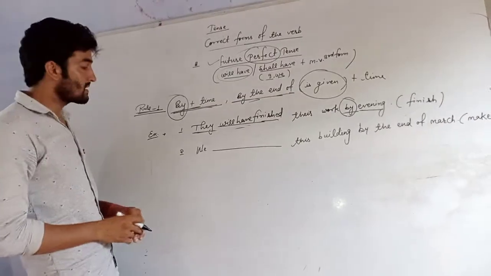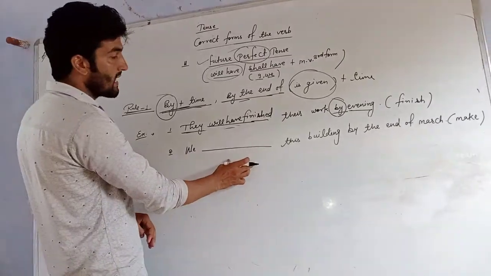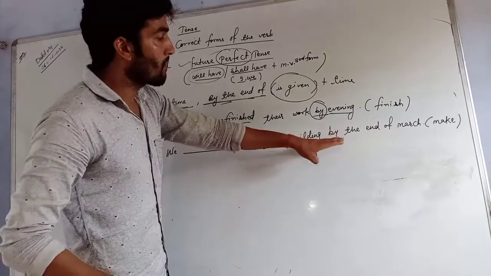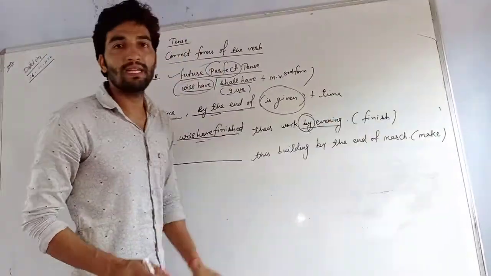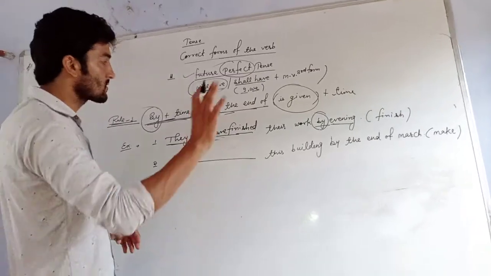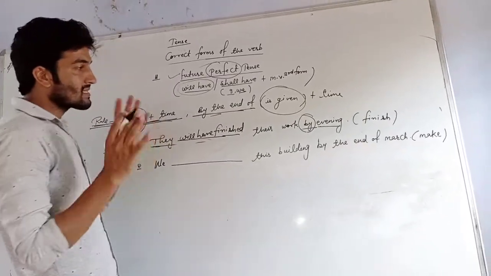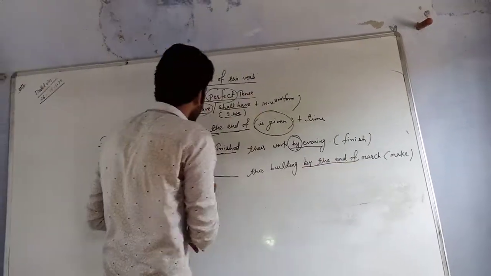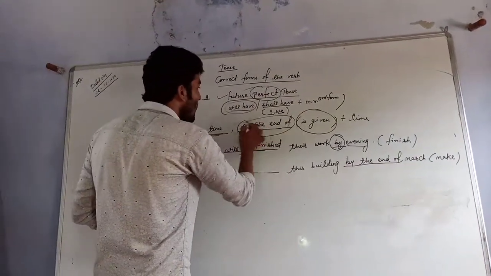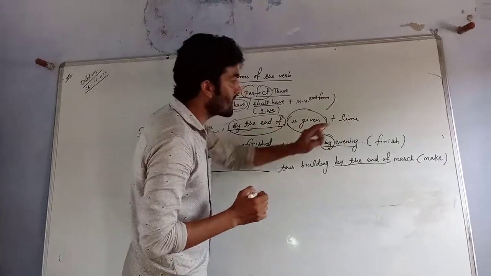Second sentence is we blank this building by the end of March. In the bracket the verb is make. Look at the sentence. The sentence ends with by the end of. So beta, by the end of plus time.